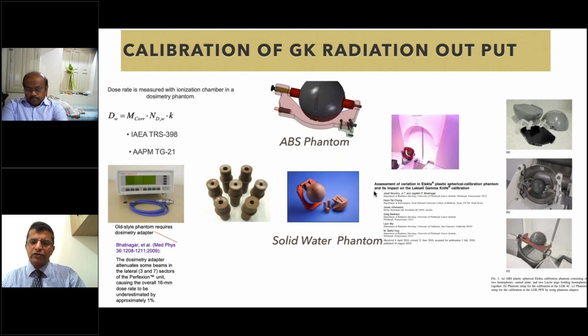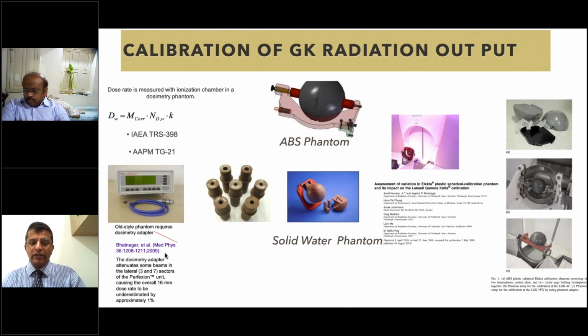There are a number of studies which talk about the assessment of the plastic phantoms and the calibration for the Leksell Gamma Knife units. You could see here, this is a publication from the Pittsburgh group. They have studied different phantoms for different gamma knife units around the globe. It's an international study they have conducted, verifying a number of centers and clinics.